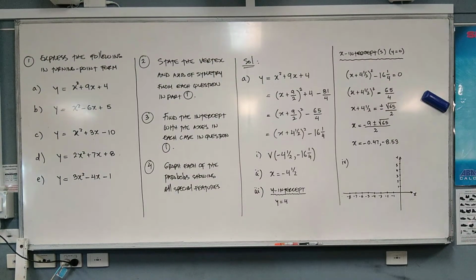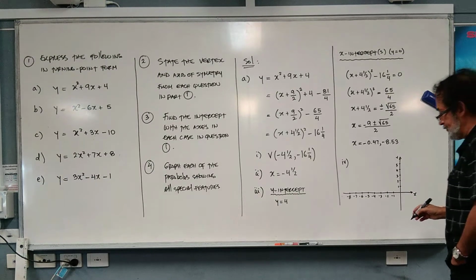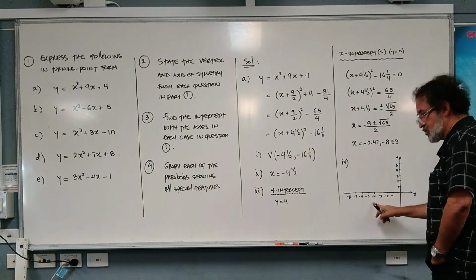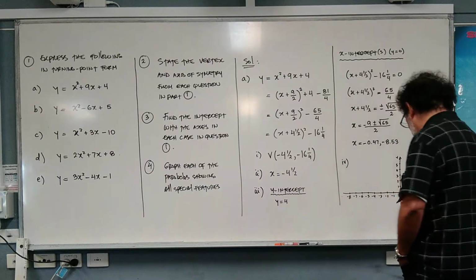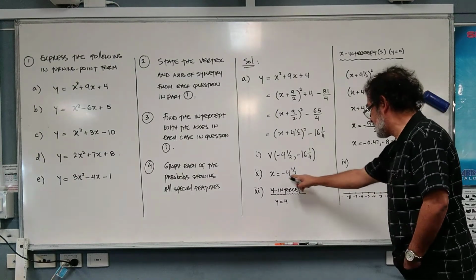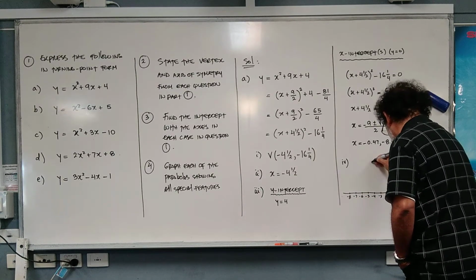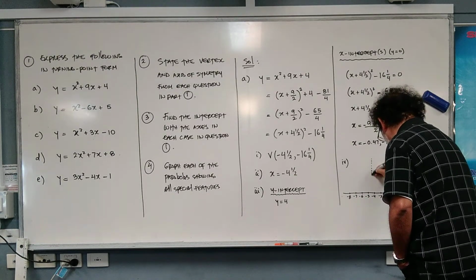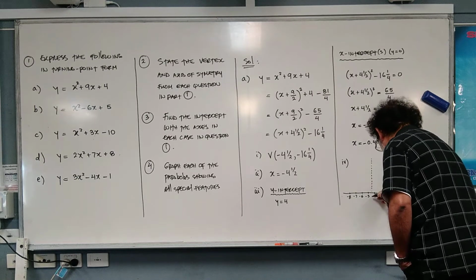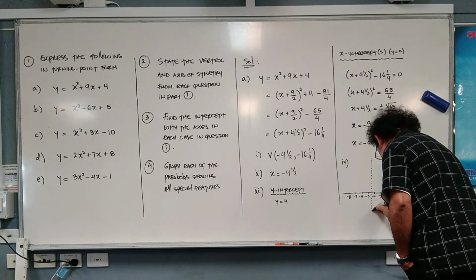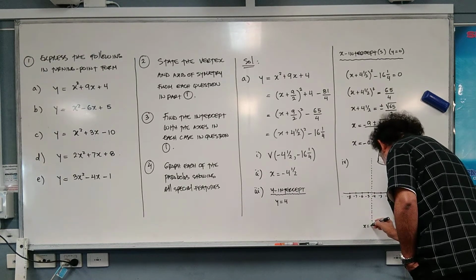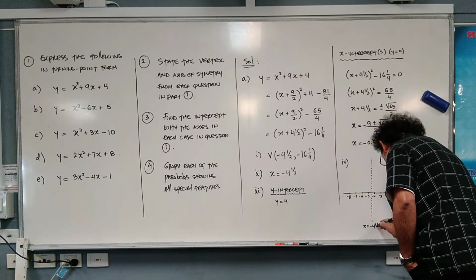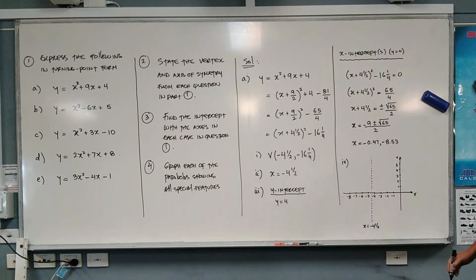Okay, I think that is what we need. We're going to do the axis of symmetry first, just to tell us where the parabola will be. The axis of symmetry is -4.5, so it's going to go through here. So this is x equals -4.5.